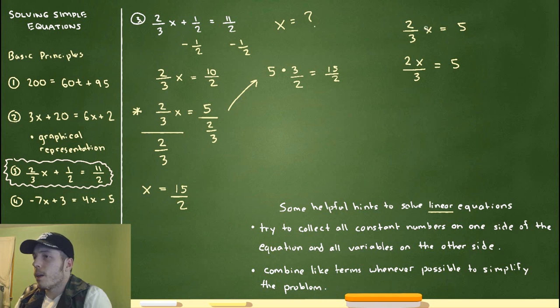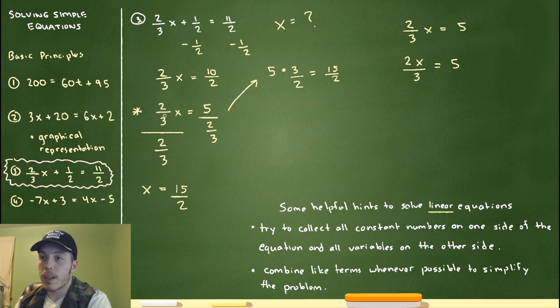Okay, because you could think about x as being x over 1. So the x would be with the 2 up in the numerator. So we have 2x over 3 is equal to 5. So the whole left side here is being divided by 3. And what we've been doing up to this point is we've been using inverse operations to eliminate numbers where we could.